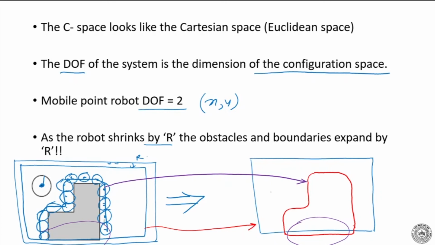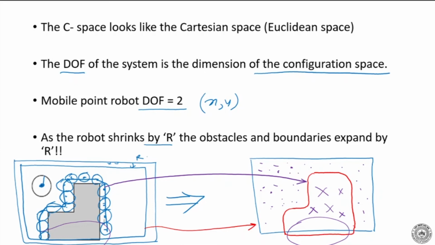So the robot has become a point. It can go at all points here. It cannot go outside the boundary, of course, and it cannot go inside the obstacle. Now it is very clear that these are points where the robot can go, and these are points where the robot cannot go. So we have reduced the robot to a point. We have shrunk the workspace, the boundaries, and we have increased the size of the obstacle.